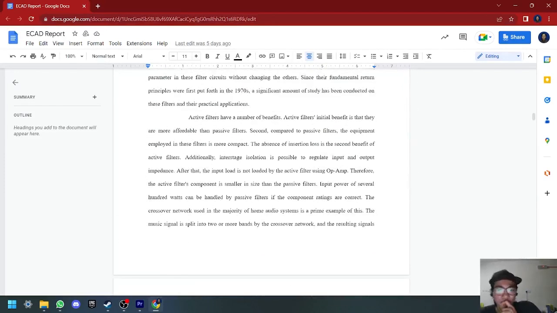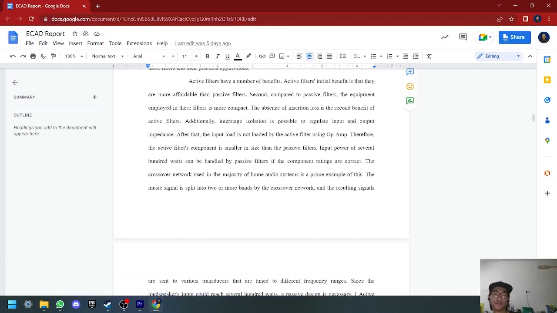The benefit of active filters is that they are cheaper than passive filters. The equipment is also more compact.